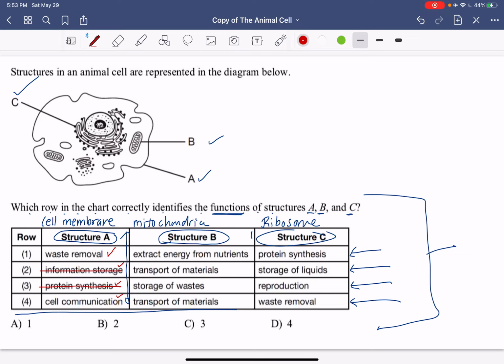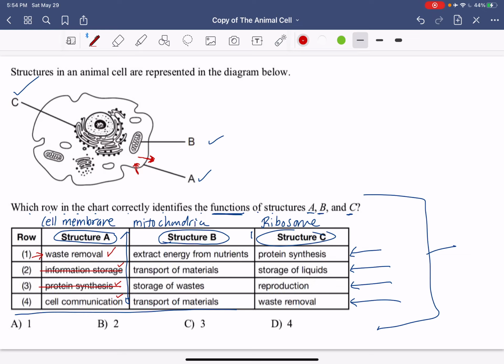Now, the cell membrane does remove waste. That is true. Remember we said that the cell membrane is semi-permeable and allows certain things to enter and leave. Well, if the cell needs to remove something, it's excreted out of the cell, so it actually does remove waste.